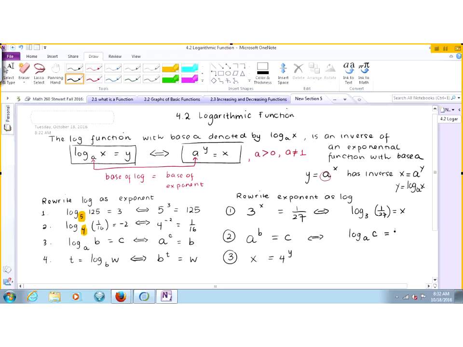Log base a of c is equal to b. And then the next one, log base 4 of x is equal to y. Okay. Now let's calculate some simple logs.